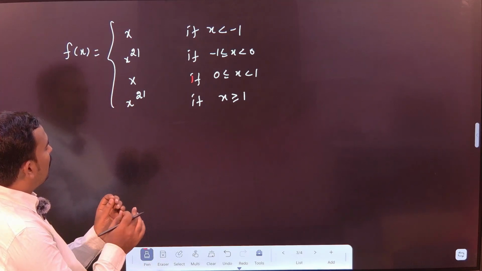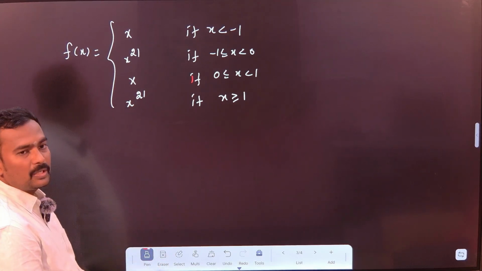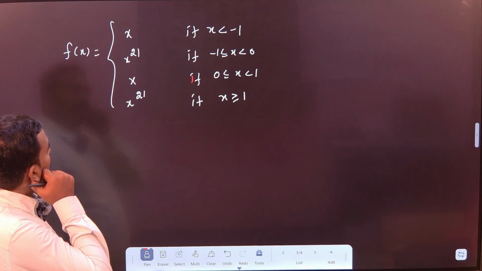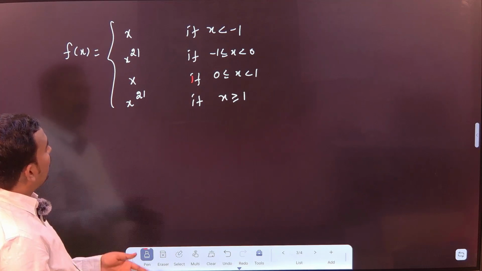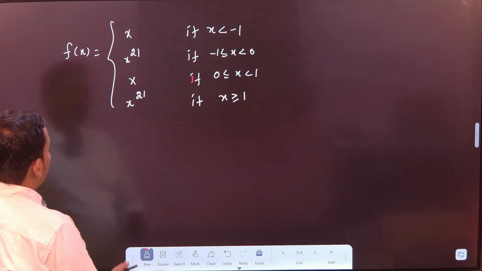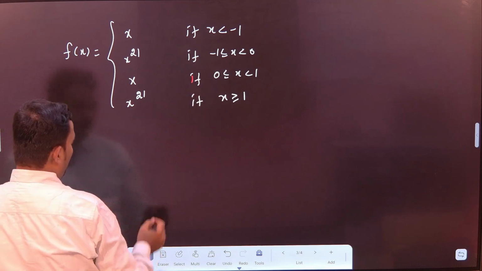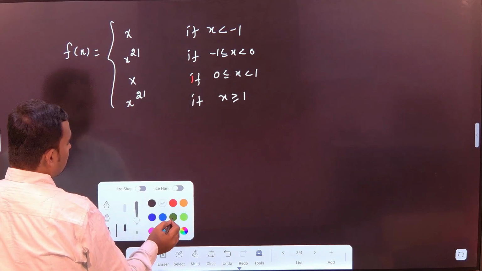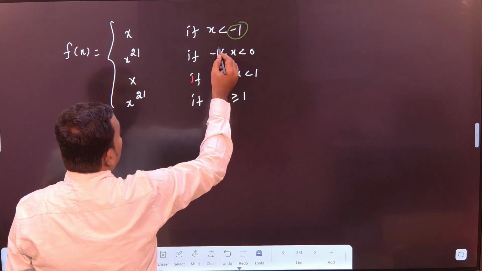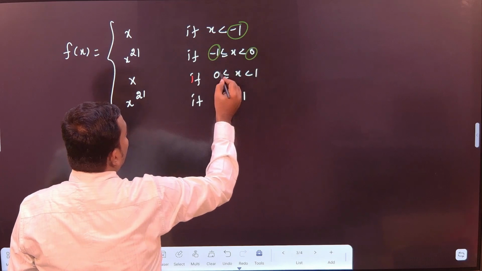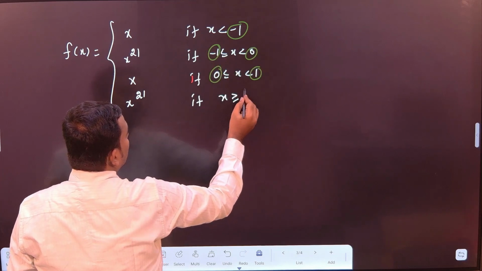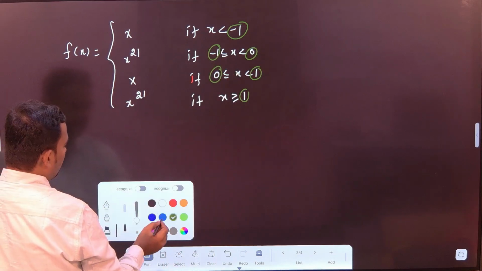When x is more than or equal to 1, that is x power 21. So how to check the continuity? Is there any break? You can check the breaking points, which are minus 1, 0 and 1, right? You have to check.